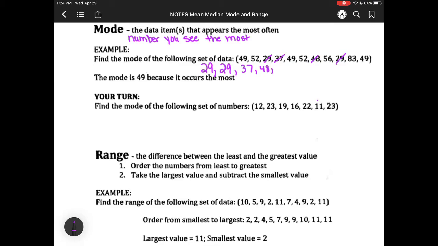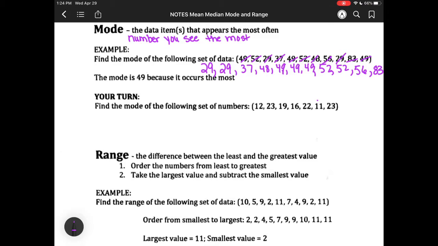And then we have 1, 2, 3 49s. And then 2 52s. 56 and 83.